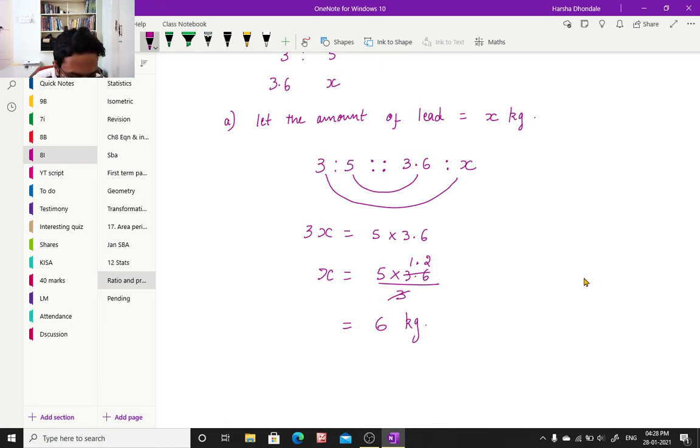That's it. So we got the answer for part A of the question. How much lead does it contain? It contains 6 kg of lead.